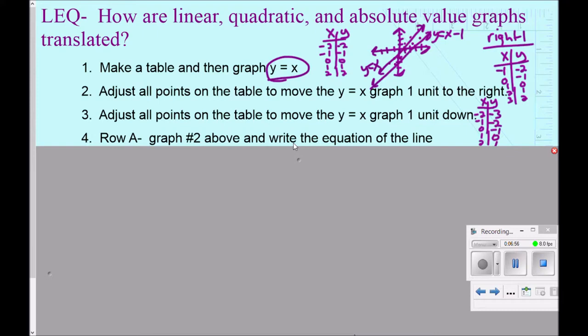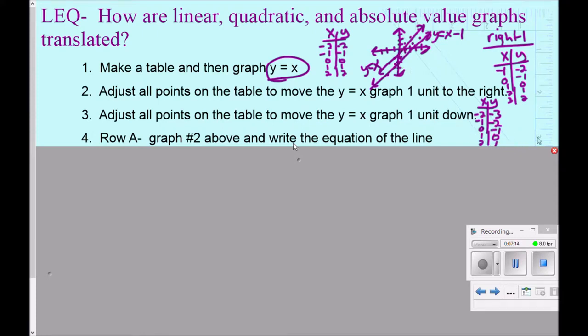So the next thing we did was we plotted those points on the graph. Well, look what happens if I start plotting these. -2, -3, it's right about there. -1, -2, it's there. 0, -1 is there.